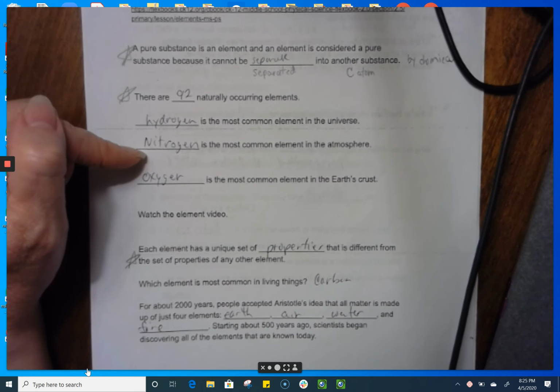Nitrogen is the most common element in the atmosphere. Now, because we're humans and we're pretty self-absorbed, normally we would think that oxygen is the most common element in the atmosphere because that's what we need to survive, but actually it's nitrogen.